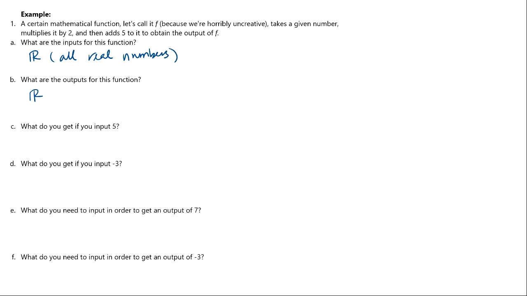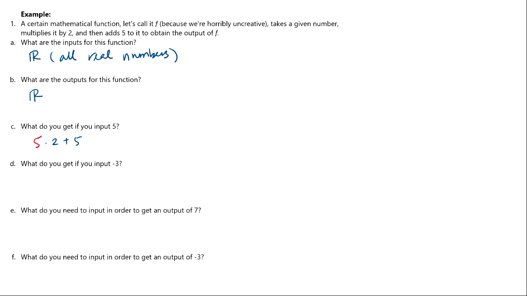And now we can consider some specific inputs and outputs in this scenario. If we have the input of 5 and we want to figure out the output, what we want to do is take the number 5 and multiply it by 2 and then add 5 to the result. This end result should give us the output based on the description.